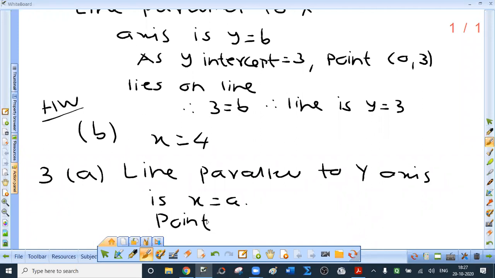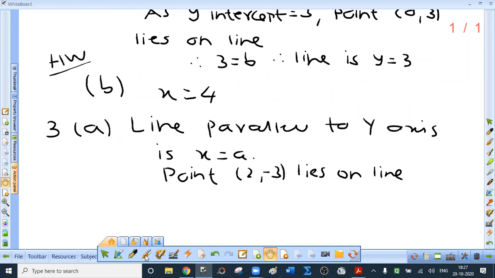Now it is given the point 2, minus 3 lies on the line. Therefore, coordinates will satisfy the equation. Therefore, 2 equal to a. So what is the line? The line is x equal to 2.